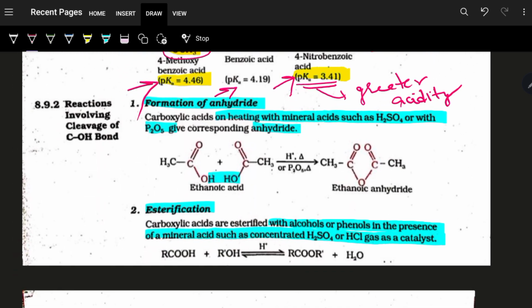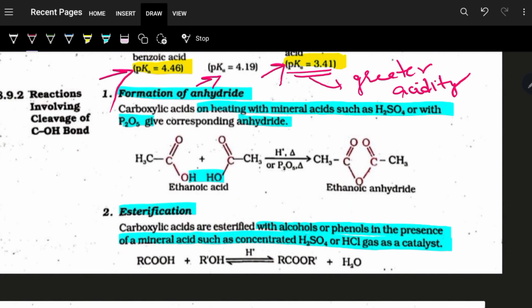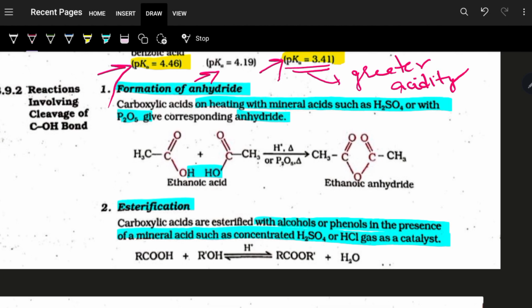Next, moving on to reactions involving cleavage of the C-OH bond. The carbon oxygen bond breaks. In RC double bonded OOH, this bond is breaking. When we were talking about acidic behavior, the oxygen to hydrogen bond was breaking. Now formation of anhydride.